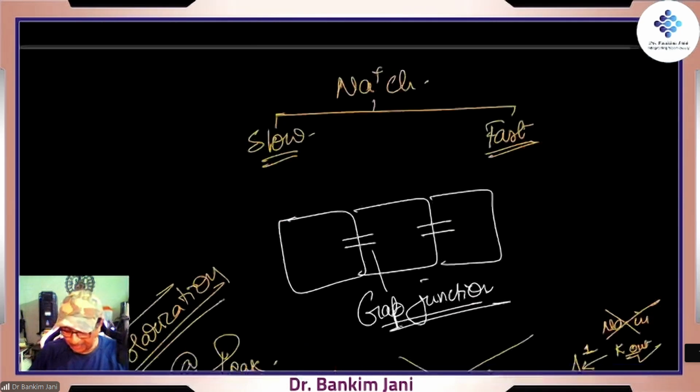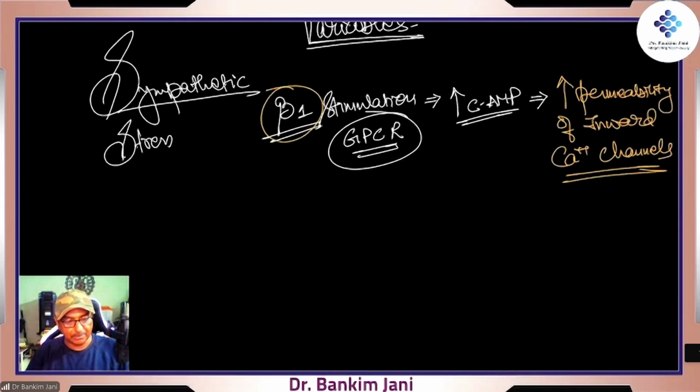So that's the reason whenever there is increased sympathetic stimulation, beta 1 stimulation, it leads to activation of G protein coupled receptors and opening of the inward calcium channel.